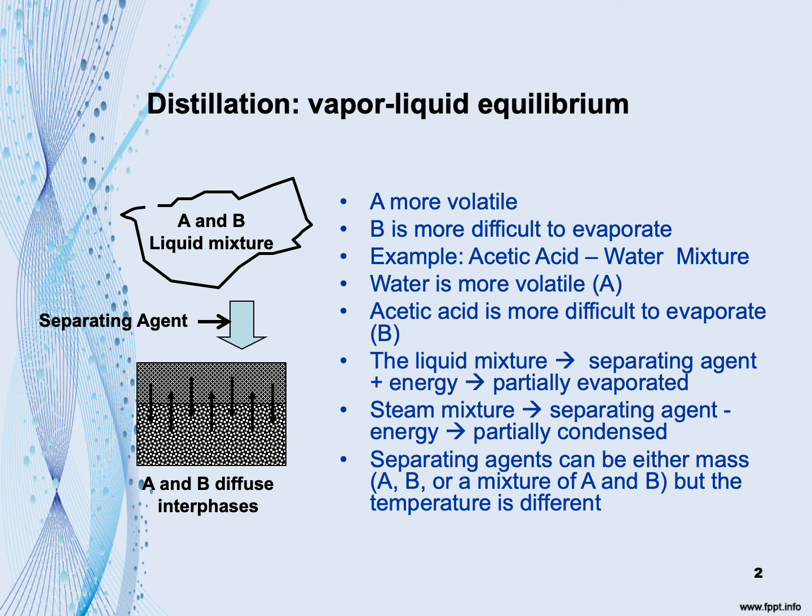In this case, if we add energy in the form of heat, some of the mixture will be partially evaporated, while the other component that is less likely to evaporate will stay in the liquid phase. Therefore, we can separate mixture A and B.